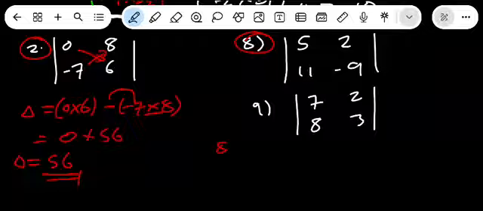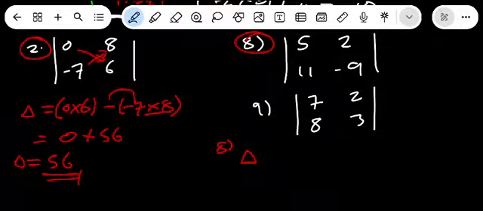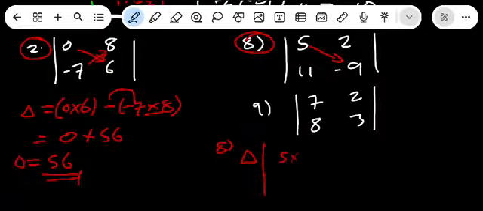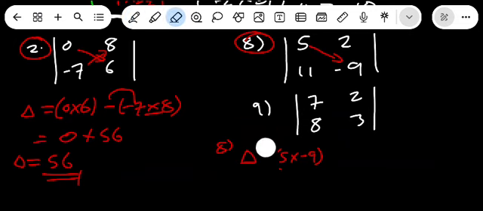Let us determine matrix 8. We multiply 5 by negative 9, minus 11 multiplied by 2.